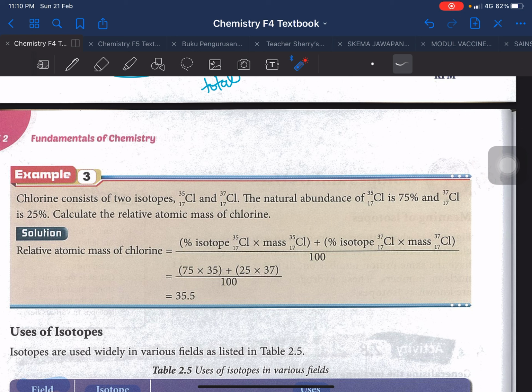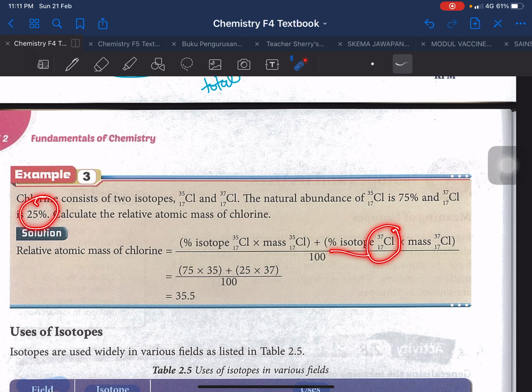Okay, let us focus on the first one first. According to the formula, it's the percentage times the mass. Where do we get the percentage? The question already gives you 75. How did you find the mass? Mass is the nucleon number. See? Nucleon number. Just take the number on top. Add the percentage of isotope for the second one, because we want to find it for 2 isotopes. So where is the percentage of isotope for this one?